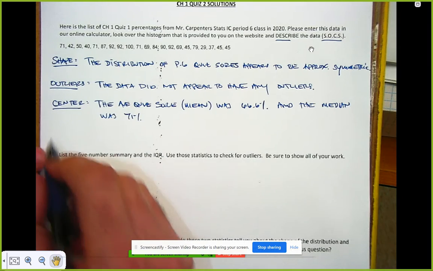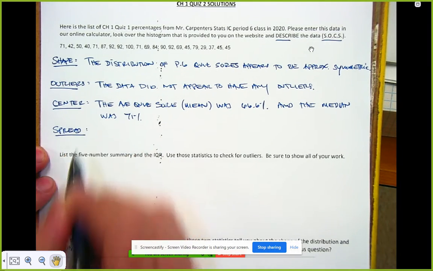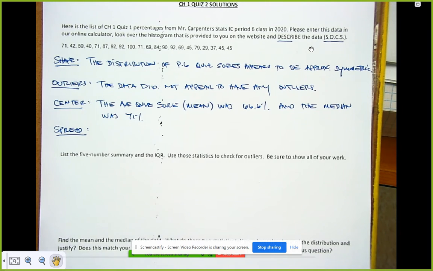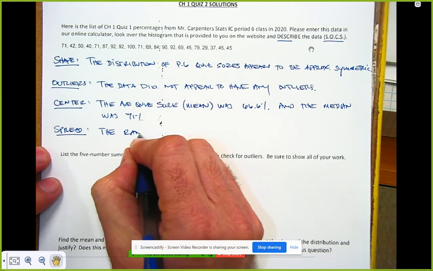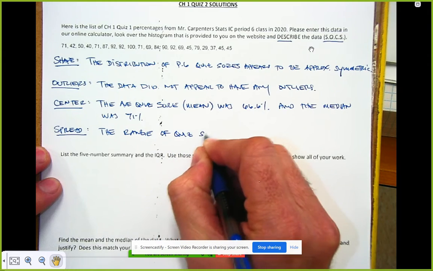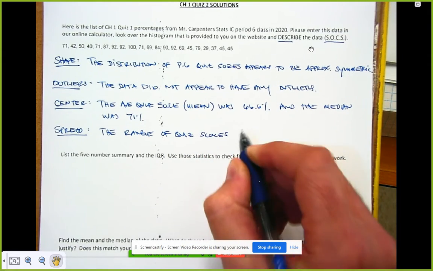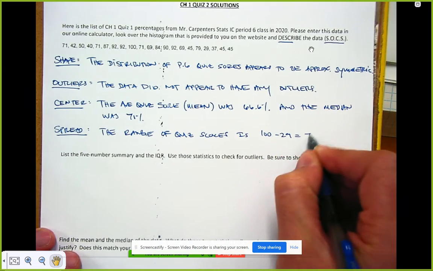Okay, and then our last one here was spread. And again, if you did the quiz review, you have it right next to you, right? You just wrote down the range of quiz scores. It was 100 is the max minus 29, which equals 71.